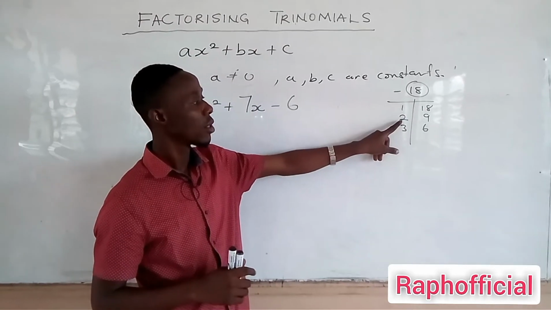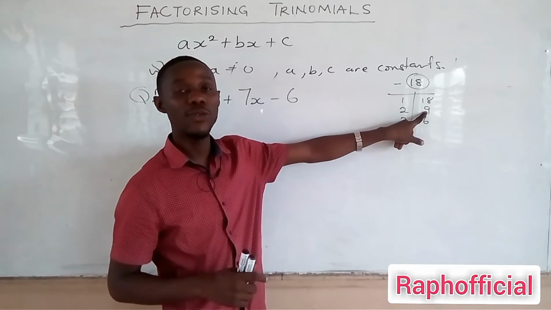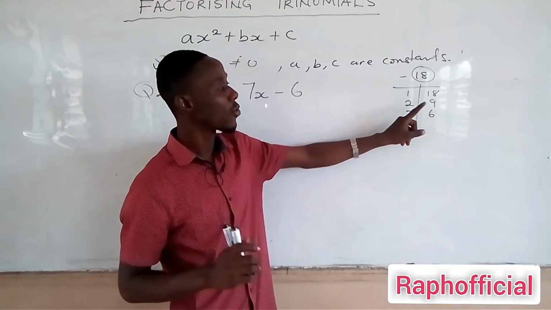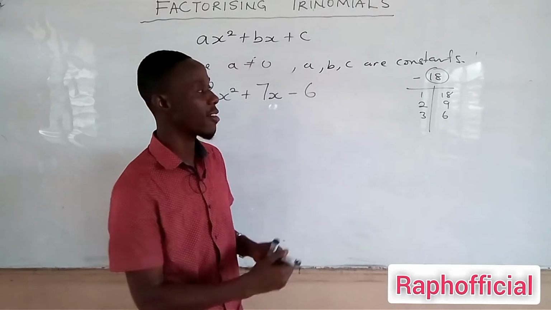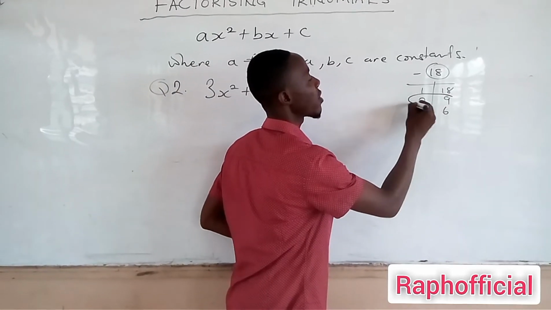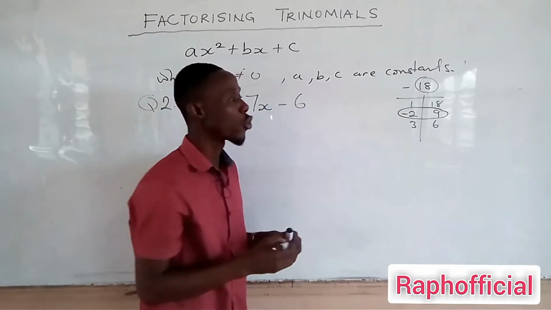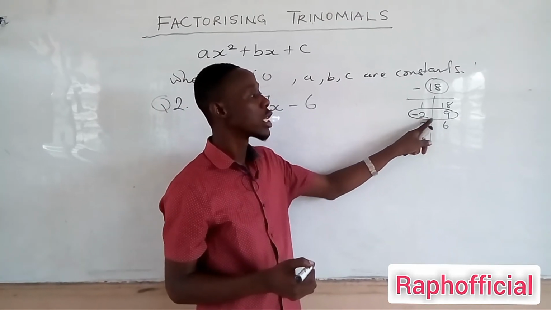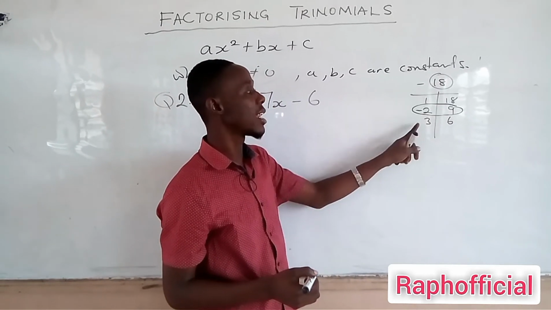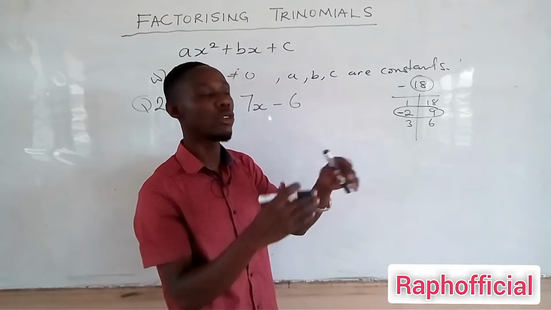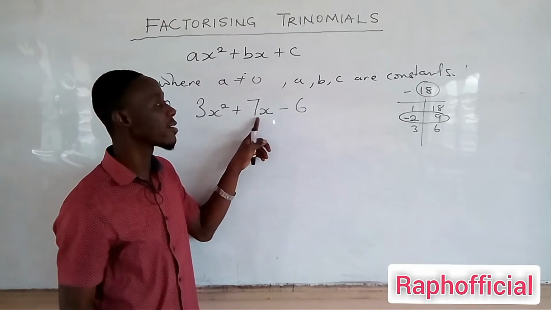It's not correct. 2 minus 9 is negative 7. No. So let's subtract 2 from 9. Then we get 7. So this one will work, but we have to make the 2 negative. So negative 2 times 9 will give us negative 18. Then negative 2 and 9, when you put them together, you get 7. So that's how we get it.